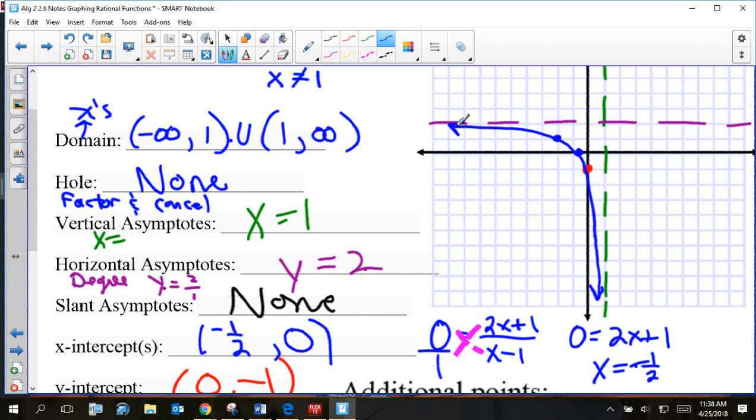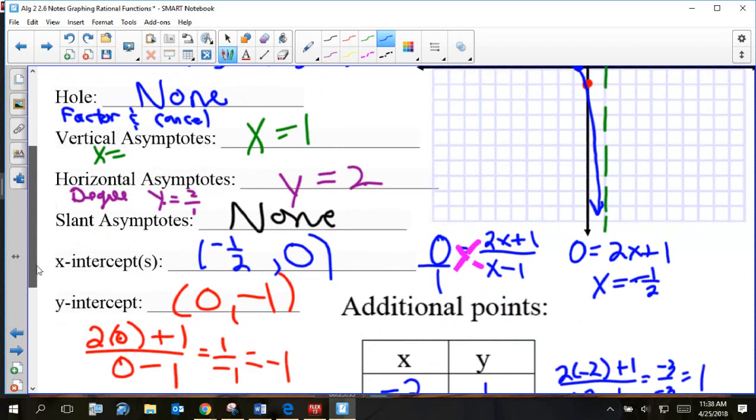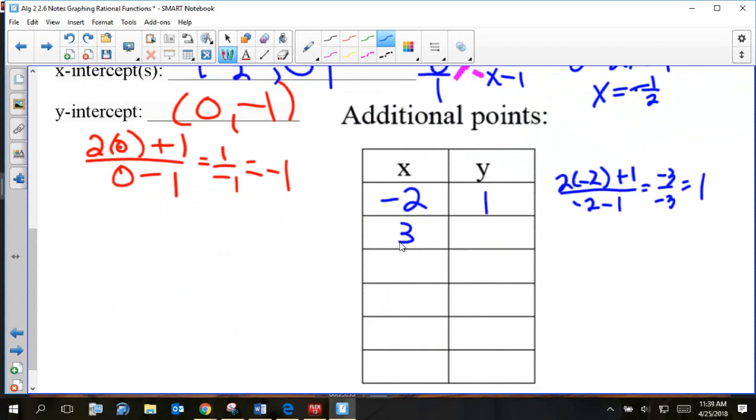All right, that's not enough information. What else could I plug in? Something to the other side. 3? Okay. Let's plug in 3. 2 times 3 plus 1 over 3 minus 1. I get 7/2, 3.5. I can graph that.